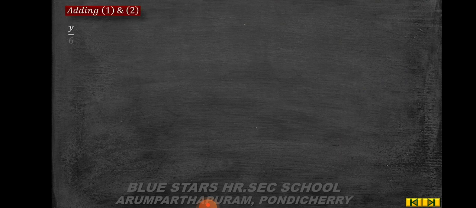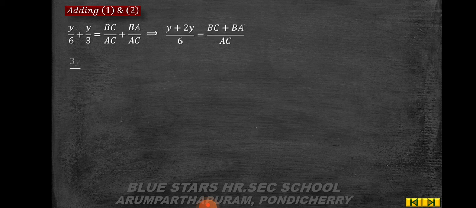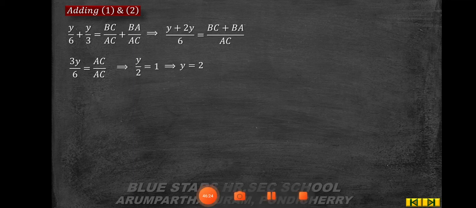So adding equations 1 and 2, we get y by 6 plus y by 3 is equal to BC by AC plus BA by AC, which implies y plus 2y by 6 is equal to BC plus BA by AC. 3y by 6 is equal to AC by AC. So y by 2 is equal to 1, which implies y is equal to 2.